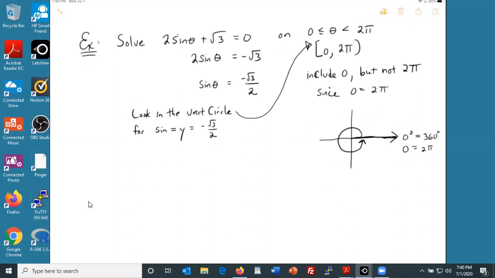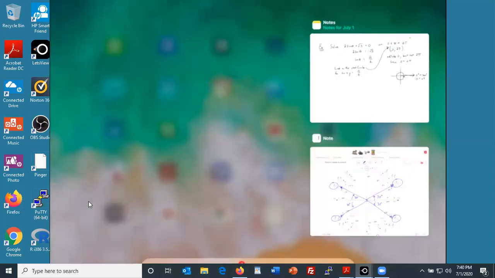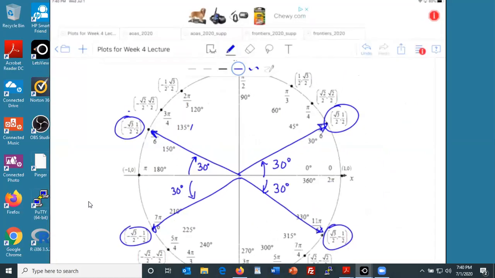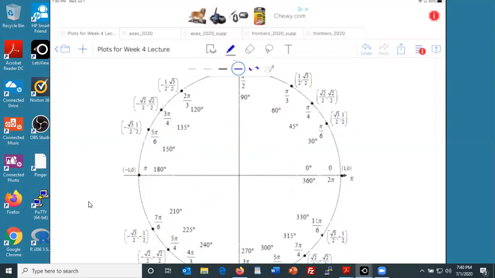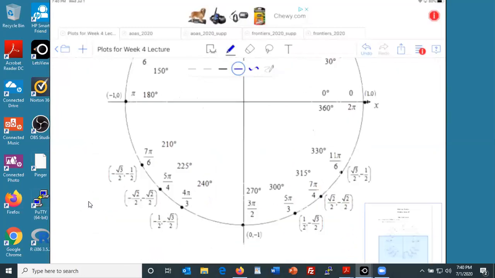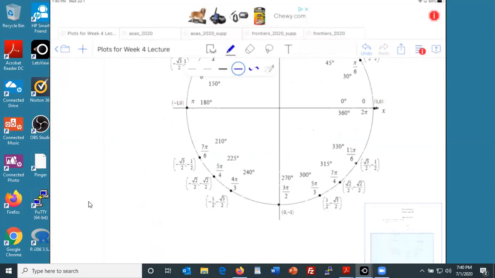Okay, so let's look at our unit circle and find where the y values are negative radical 3 over 2. Okay, so I'll find one of them for you. All right, it's actually down here. So you have a negative radical 3 over 2 for the y value.